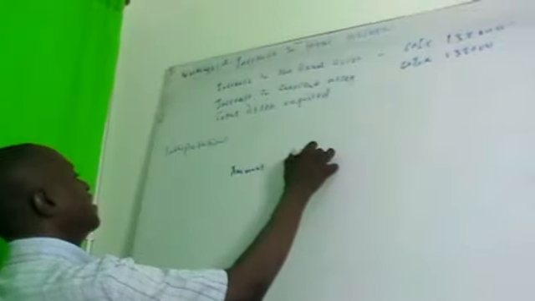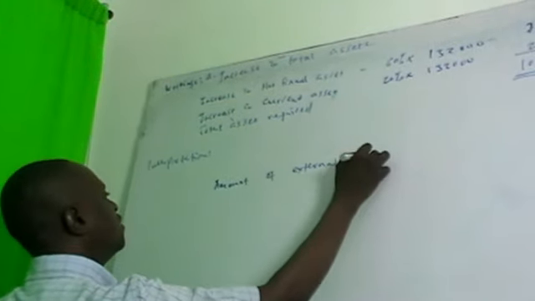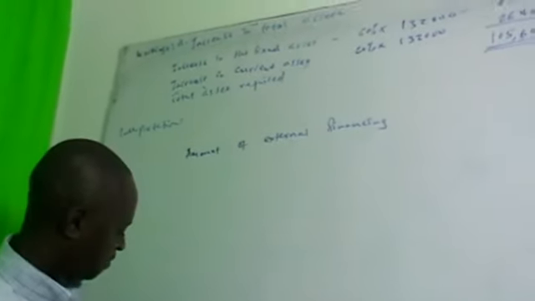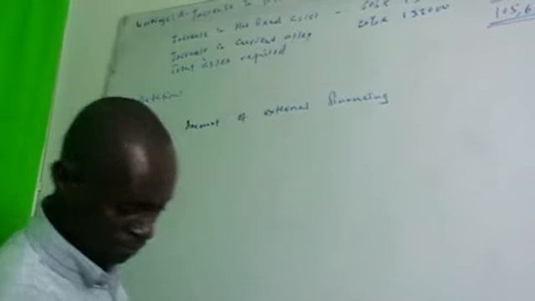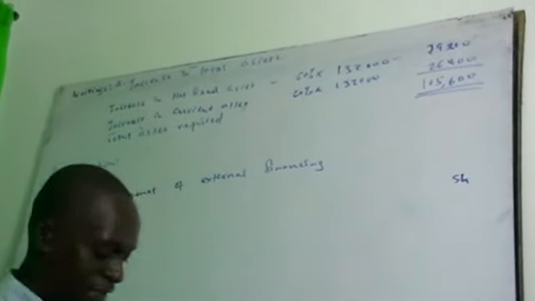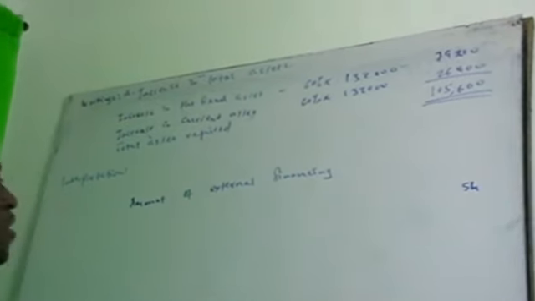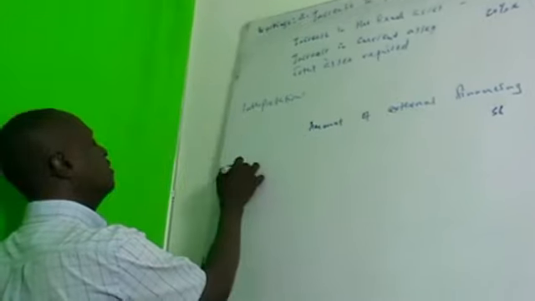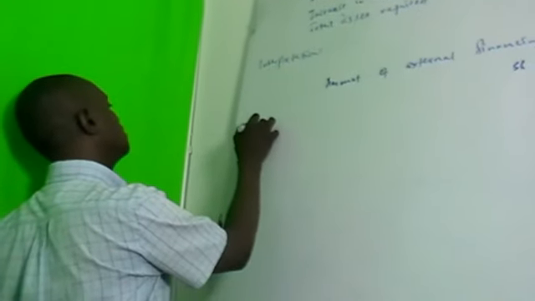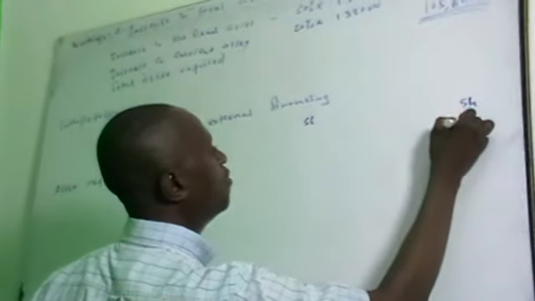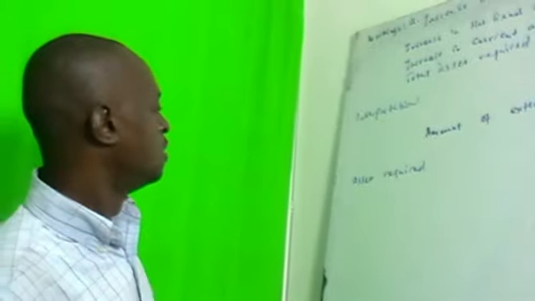Then this is amount of external financing. Figures are in shillings there. So we have total assets required. Assets required is 105,600.